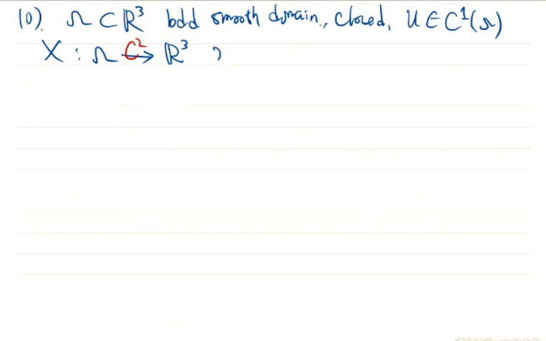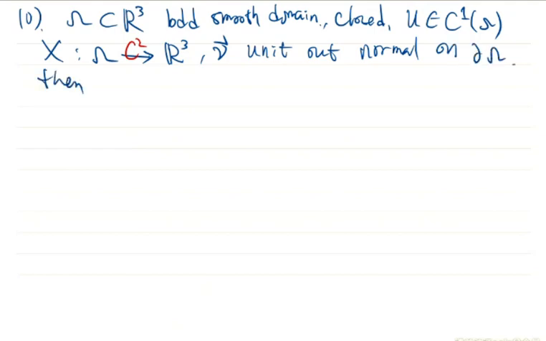And nu is the unit outward normal vector on the boundary of Omega.